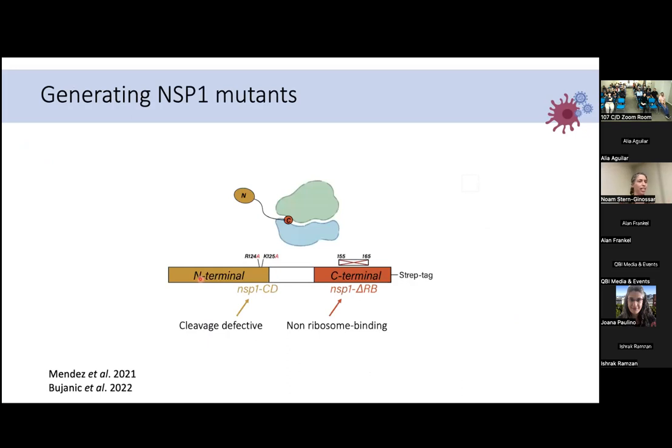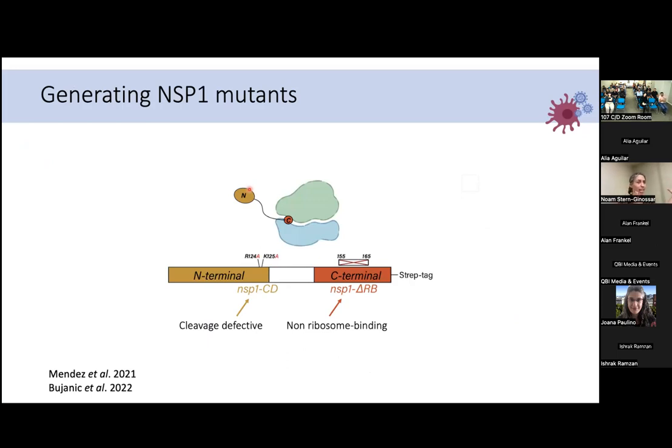So to try and understand if these are independent functions, we generated 2 mutants of NSP1. The first one we called NSP1 delta RB. Basically, it's missing 10 amino acids that prevent its binding to the ribosome. I'm not going to show you the data, but you'll have to believe me. And the second one is a 2-point mutation, or maybe I should say NSP1 is a very short protein, 180 amino acids.